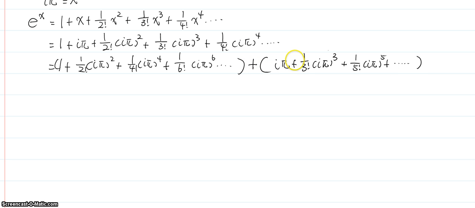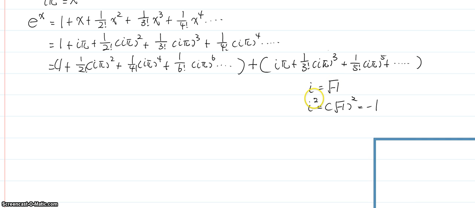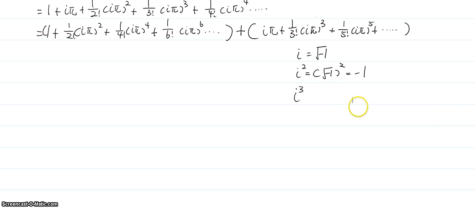So how does this change everything? Well, there's something really tricky about i. Let's do some basic calculations. We know that i is the square root of -1. So what do we know about i squared? i squared is -1. And what's i to the third? Since i squared is -1, i cubed is -1 times the square root of -1, which is negative square root of -1.